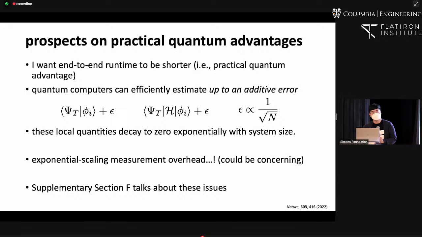That's right. But if we're talking about formal scaling, that is exponential scaling because it involves a sign problem in sampling that overlap value. So there is no tractable polynomial scaling way of computing the overlap between a coupled cluster wave function and an arbitrary Slater determinant. As far as I know, if you know an algorithm that does it efficiently, let me know. It would be an extremely powerful method.